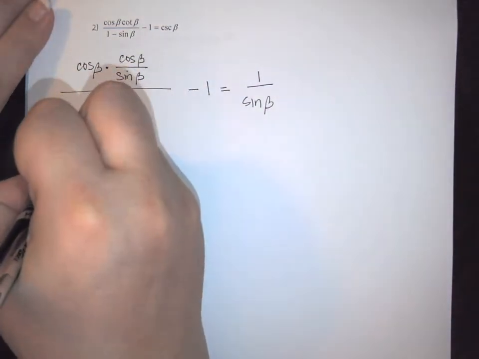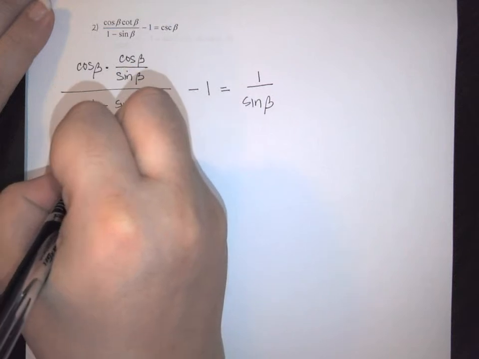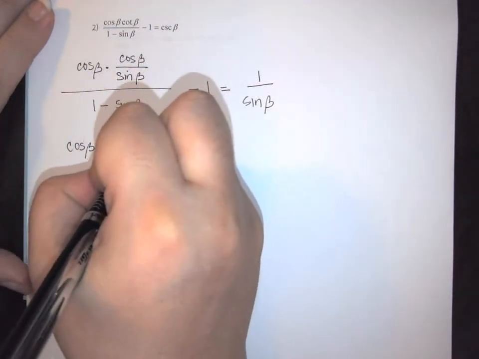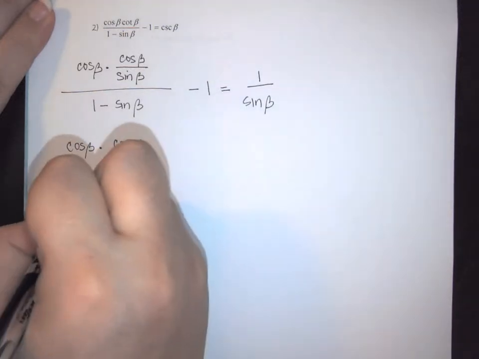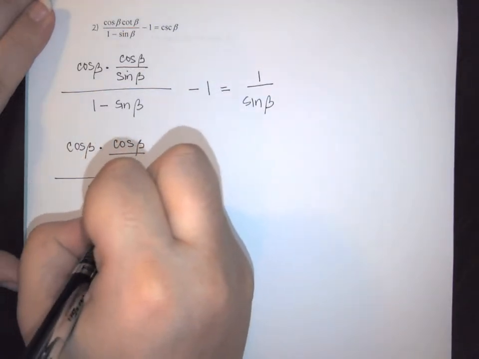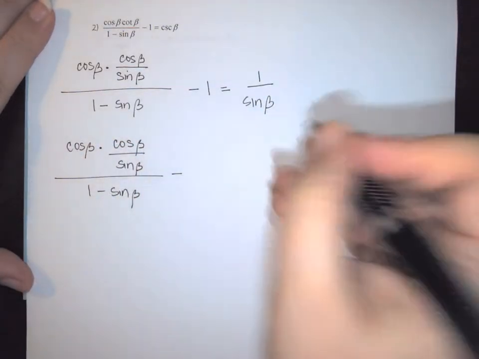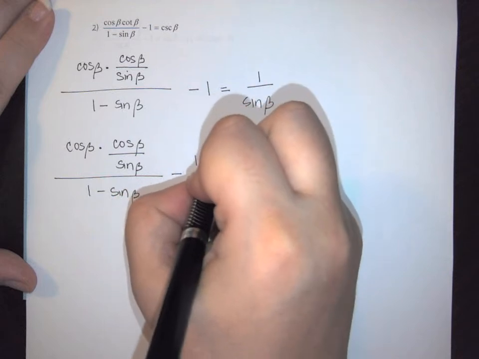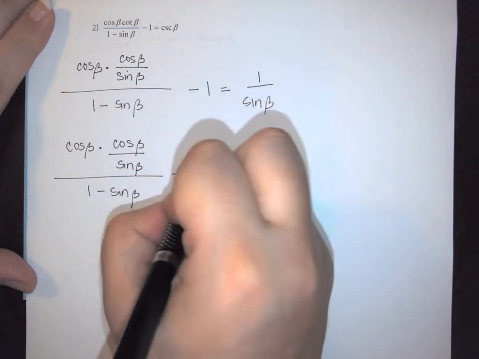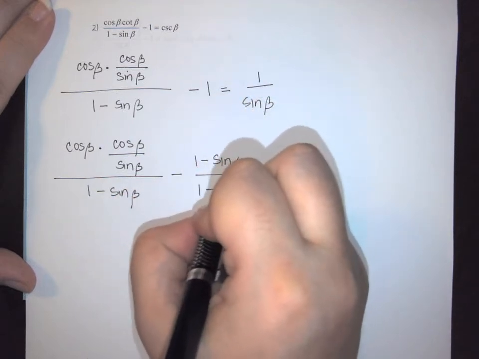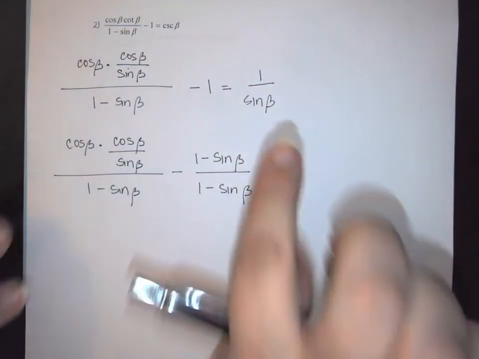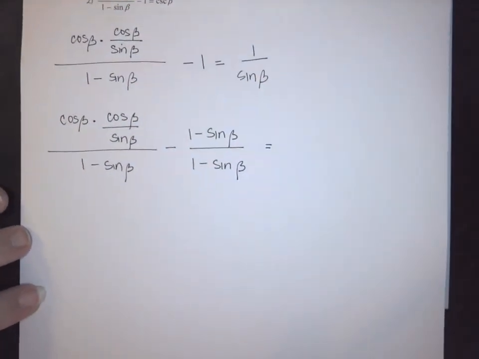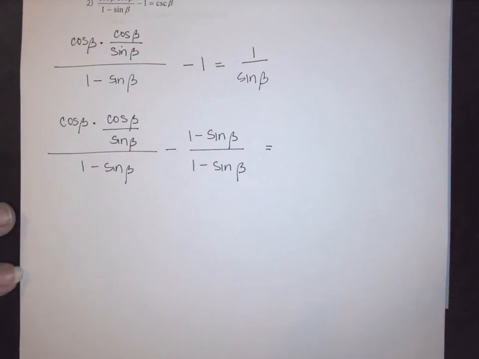So this is the cosine of beta times the cosine of beta over the sine, the whole thing over 1 minus the sine of beta, and I'm going to subtract 1 minus the sine of beta over 1 minus the sine of beta. And I am still hoping that I make that equal to 1 over the sine of beta.